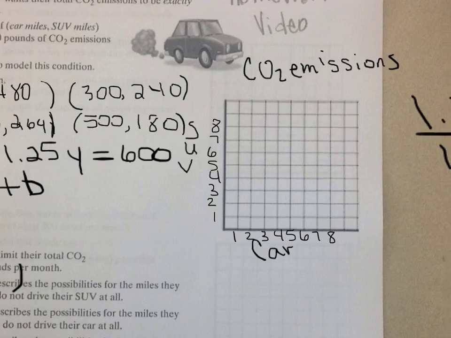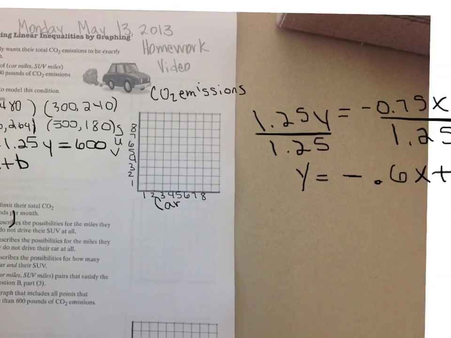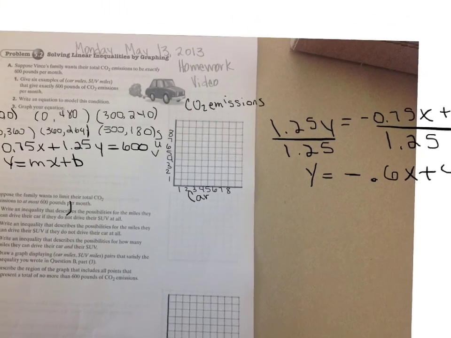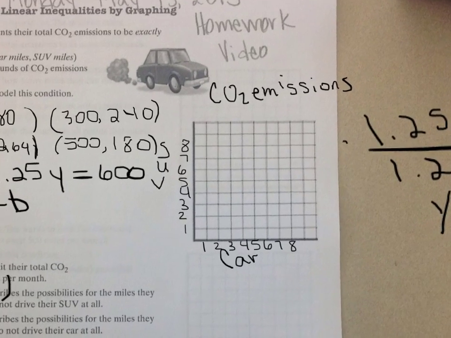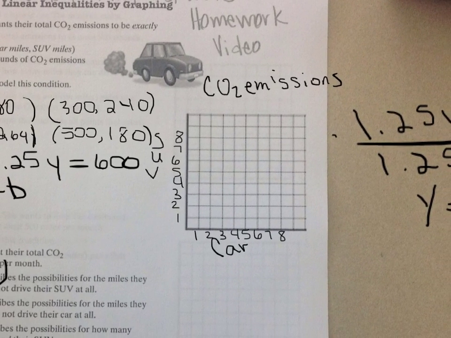Alright, now we're going to start with the y-intercept, which is 480. So we need to go up to 480. And from there, which is right about here, we need to go down about 6/10 and then over 1.